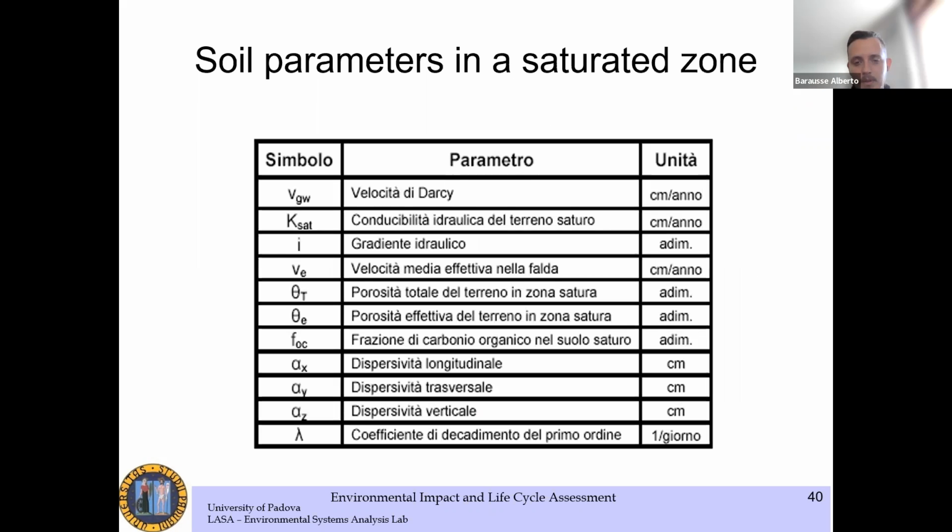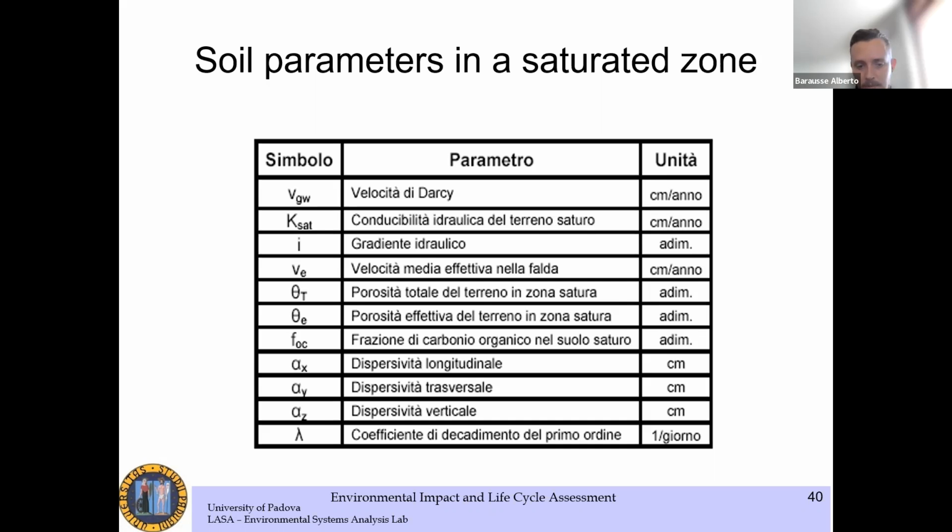For example, typical parameters you may want to quantify in the case of saturated groundwater zone to characterize the source are the Darcy velocity, the hydraulic conductivity of the soil, the hydraulic gradient, the porosity, the dispersivity, the degradation coefficient of the contaminant you're dealing with, which may be difficult to quantify.